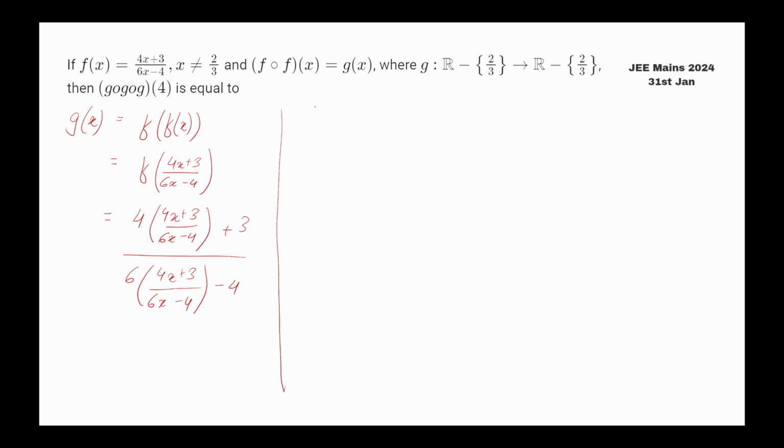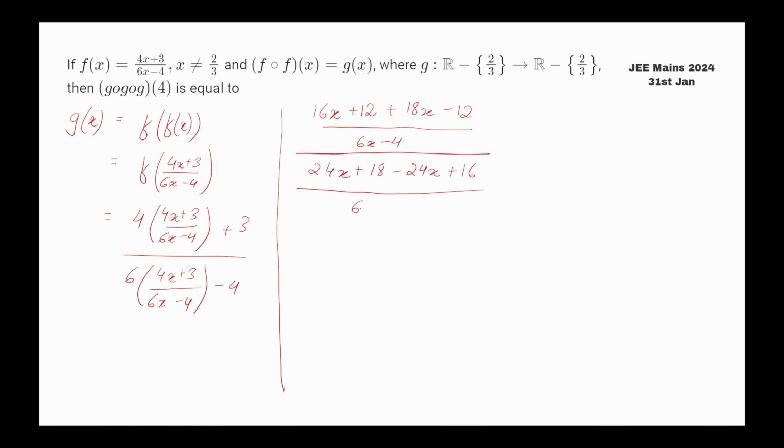This would basically become 16x plus 12 plus 18x minus 12 upon 6x minus 4. And this whole thing is divided by 6 4s are 24x plus 18 minus 24x plus 16, whole divided by 6x minus 4. So 6x minus 4 and 6x minus 4 cancel out each other.